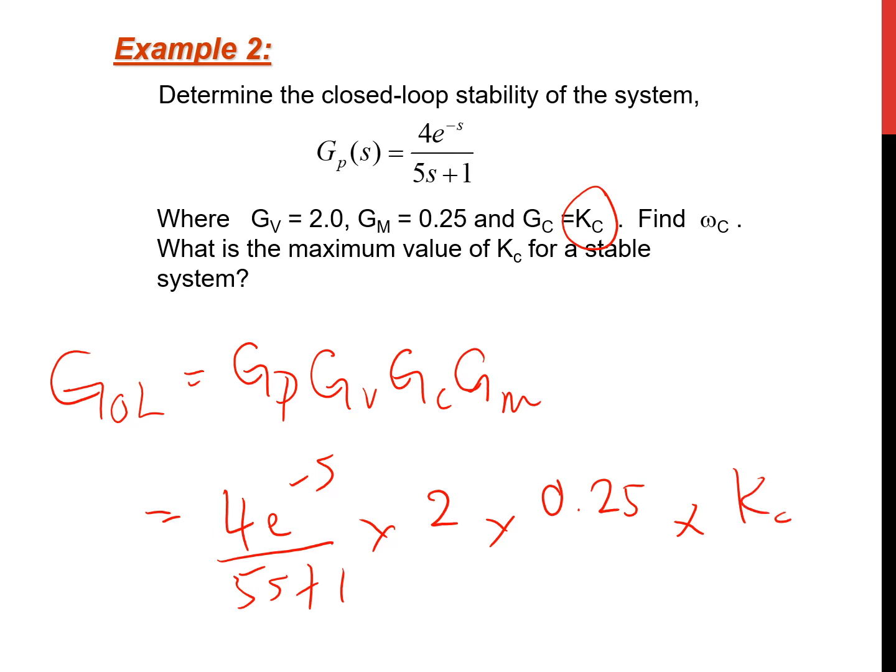So by multiplying 5 multiplied by 2 multiplied by 0.25, you will get 2. So this means your equation will be 2 KC exponent negative S over 5S plus 1.